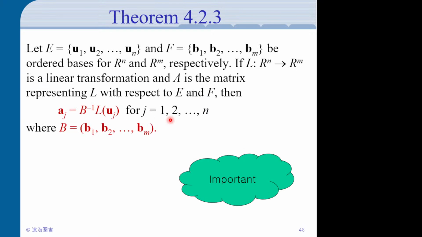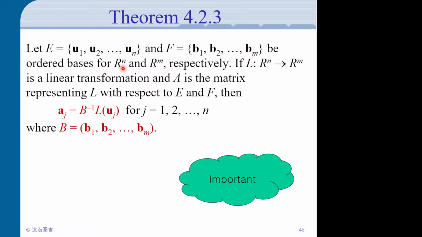So the theorem basically generalizes what we were doing in the previous example. We have our vector spaces being Rn and Rm, but with some funny ordered bases that are not standard bases. So you have a basis E equal to U1 to Un, and F equal to B1 to Bm.